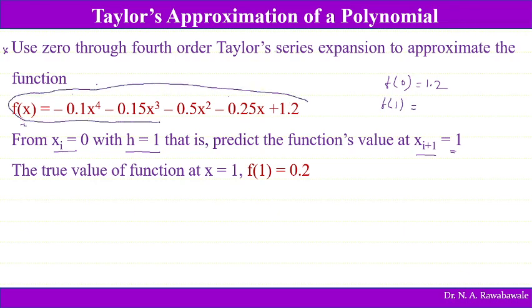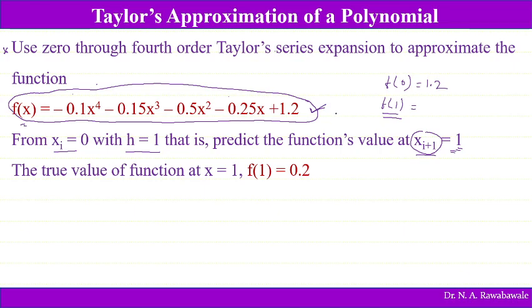then it is very easy for us to find out f of 1. But if we do not know this function, it is very difficult to find out f of 1, that is, at xi plus 1 is equal to 1. In place of x, if we substitute 1, we will get f of 1, which is possible if we know this function.